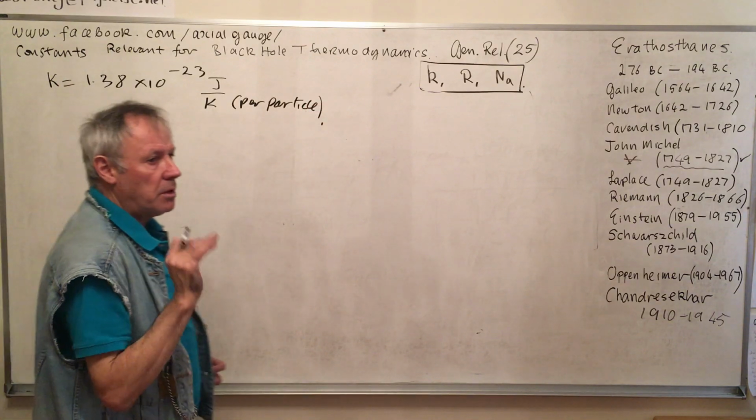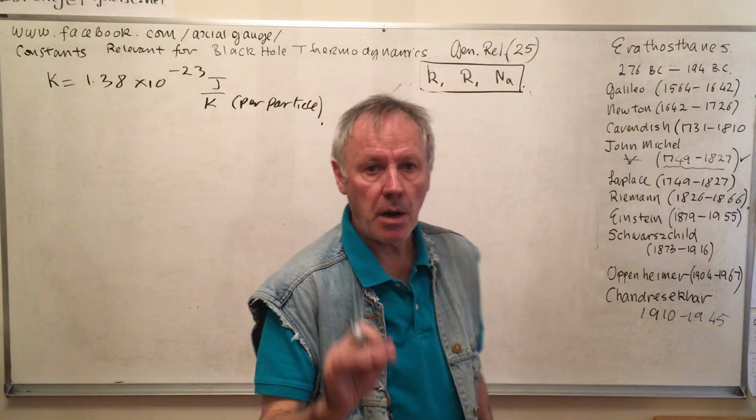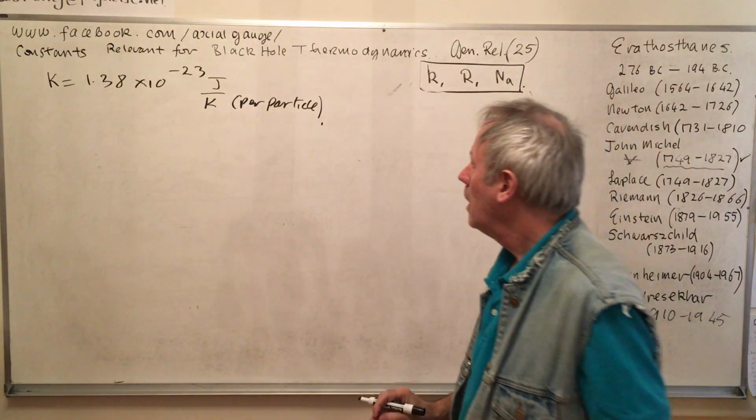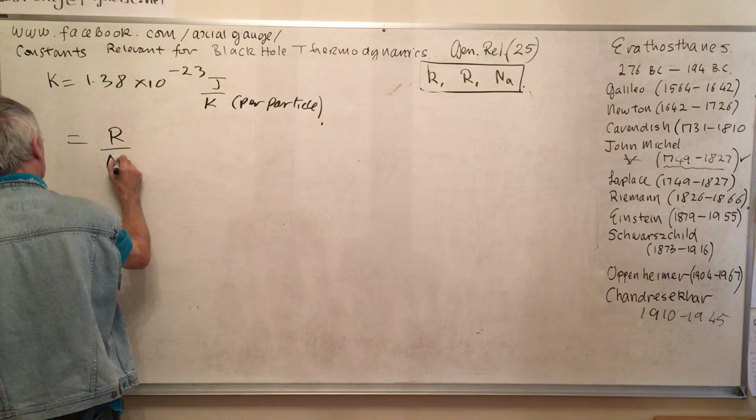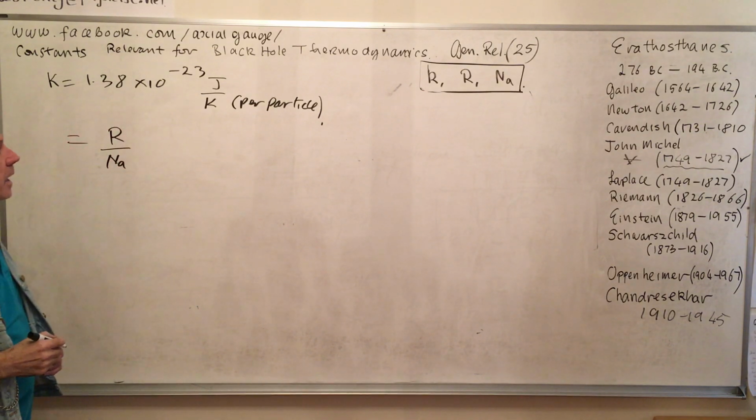K is a measure of the number of joules per Kelvin per particle, right? And it's defined as follows. It's R over NA. And what is R?